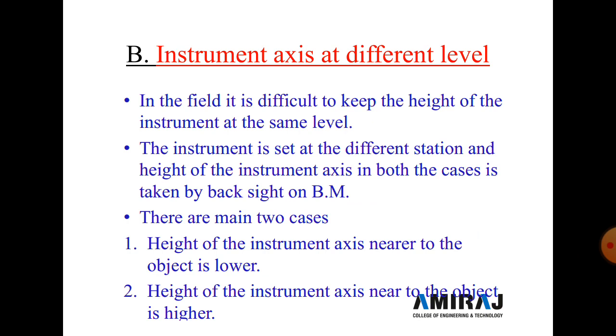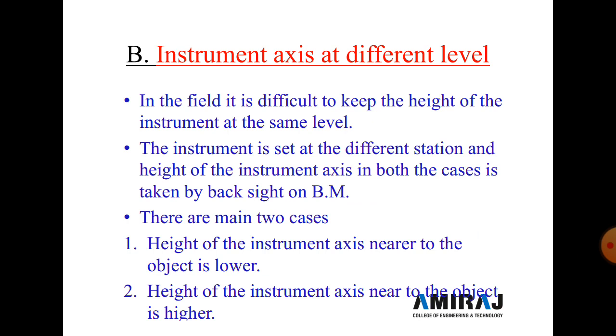So when the instrument axis is at a different level, in the field it is difficult to keep the height of the instrument at the same level. Sometimes the area is not perfectly leveled, so all the instruments are not set up at the same level because of the uneven surface of the earth.